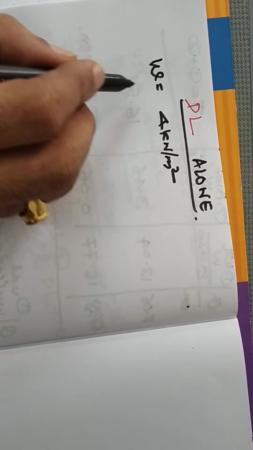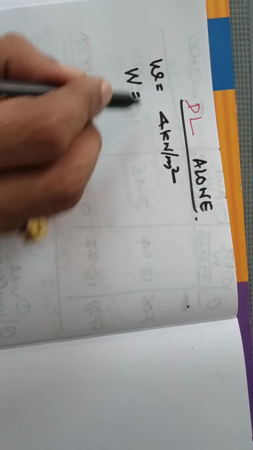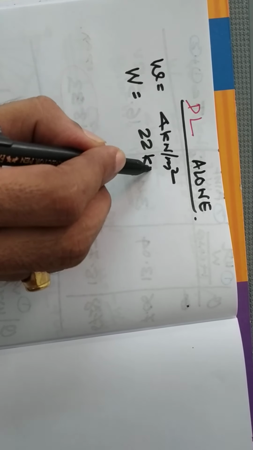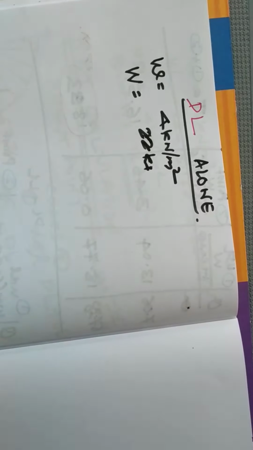Okay, and your point load capital W is 22 kilonewton. Not 22. How much is coming? 13.68. Correct, no? It is coming to me.